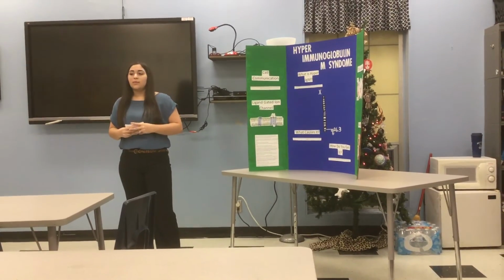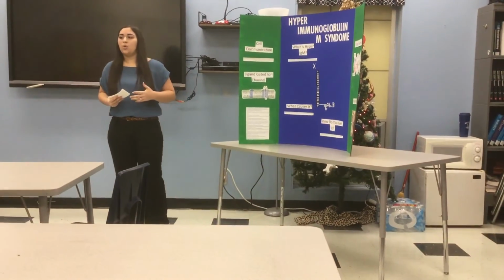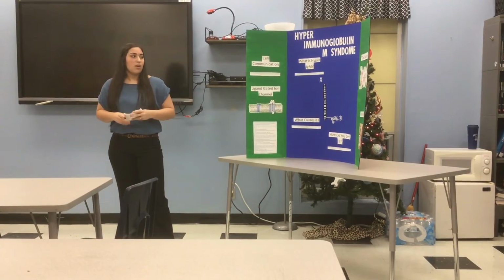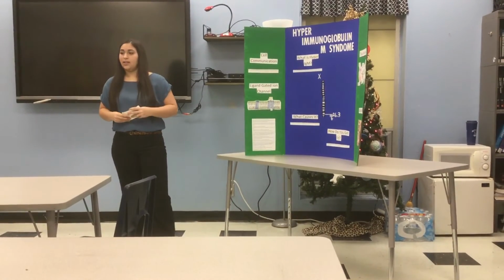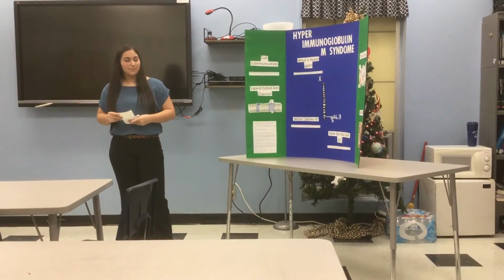And type 2 and 4 can be treated with these infusions alone, but X-linked and type 3 can be cured with a stem cell transplant, allogenic hematopoietic stem cell transplant.